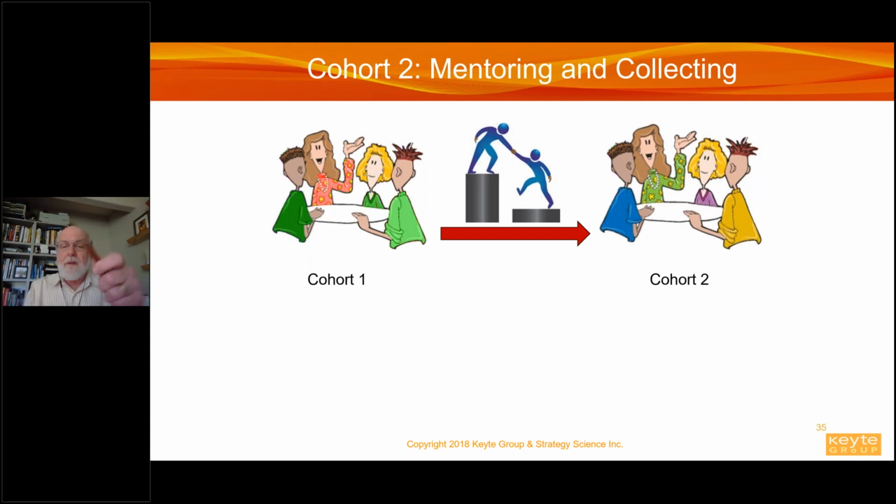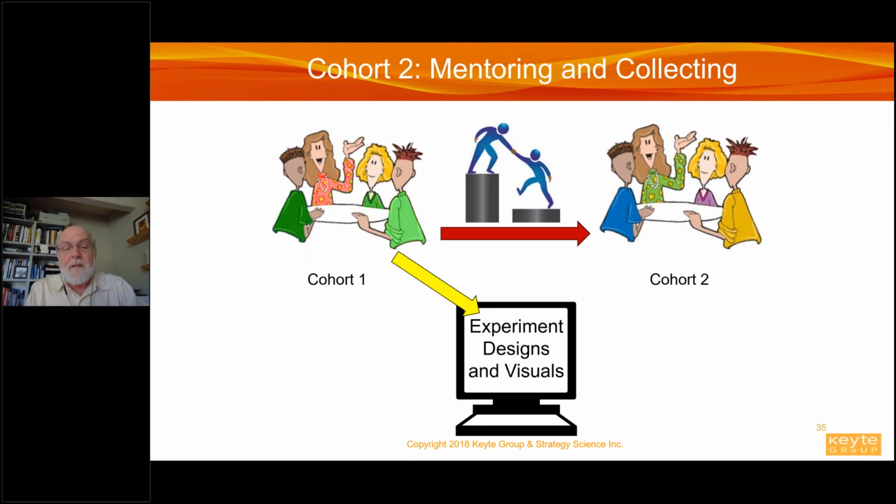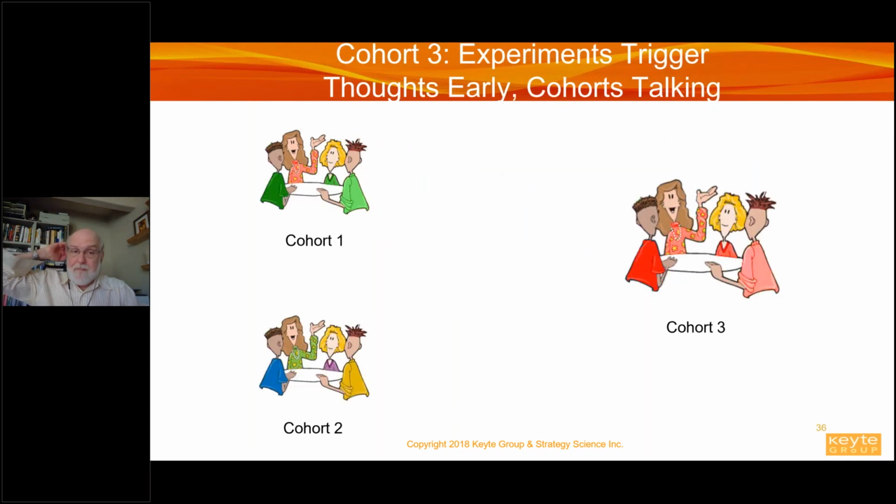And then the next cohort proceeds, finishes it, and they also logged in their experiment designs, their pilots, and the visuals they're now using to manage their process. So cohort 3 comes around, they do the same thing. They reach out to the next 3 that are triggered, and they start talking to them, and they start sharing their experiments with them.